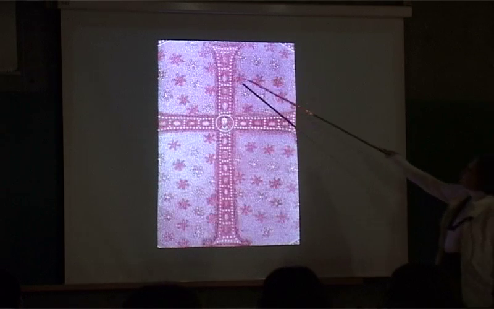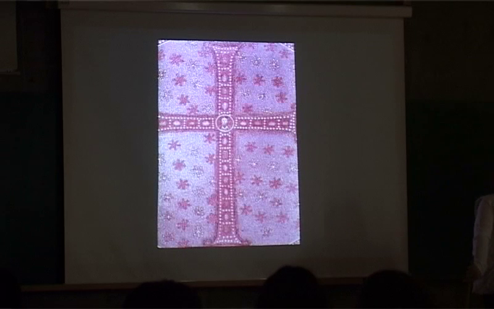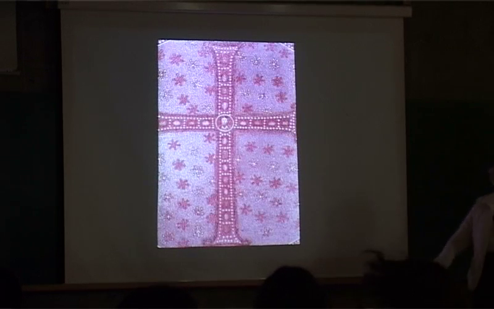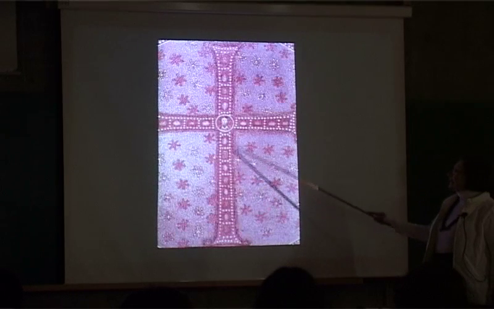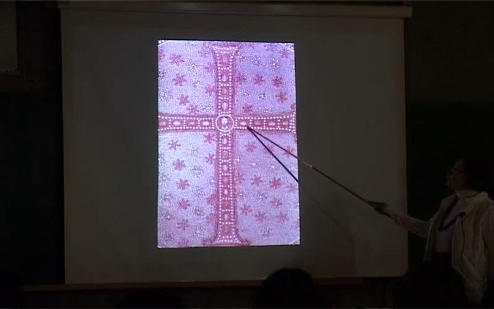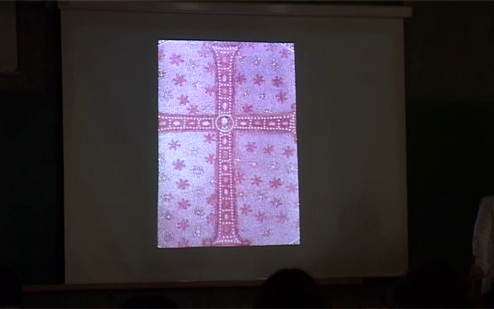Okay, so we have the cross at the topmost part of the apse in San Apollinare in Classe. And you look at the cross studded with precious jewelry. So this is the imperialized version of Christian art. It is done not with simplicity, but with richness to show the power of Christianity.